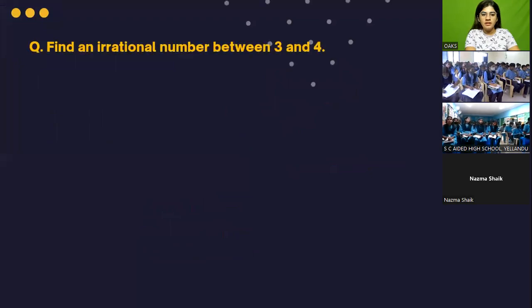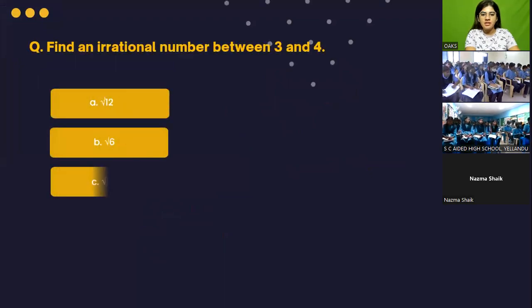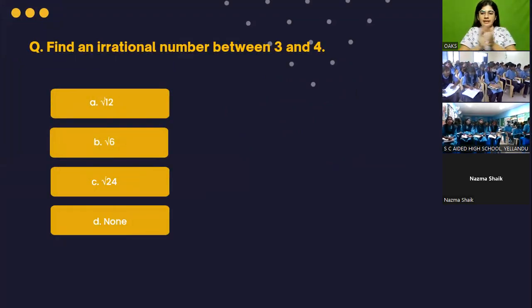So moving further, you have to find an irrational number between 3 and 4. Quickly, this is a quick question. Just put your hand up and you can answer. Let's see who will answer fast. Okay, somebody said A. Okay, school 1. Okay, school 2.